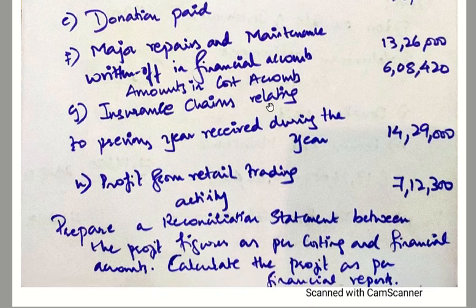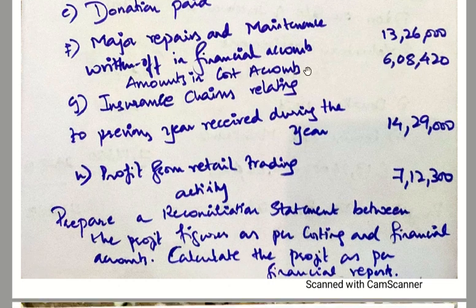Major repairs and maintenance written off in financial account, amounts in cost account. So basically the amount in financial account and the cost account is given. So basically expenses recorded in cost account is less than the financial account, basically it is less than the actual, so you minus it.